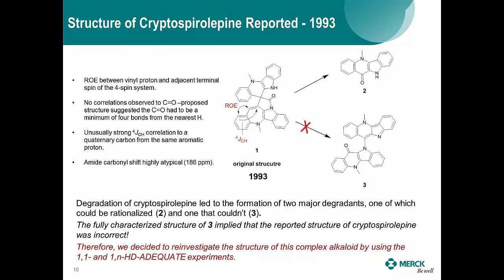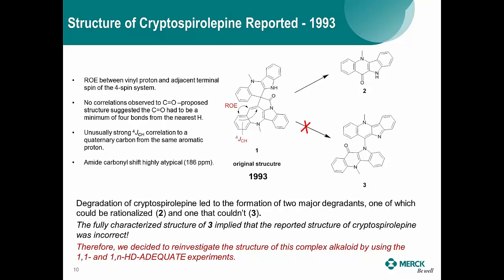However, they reported the structure in 1993, but what happened is that 10 years later, they cut open the sealed NMR tube and analyzed what was in there, and they realized that there was no cryptospirolepine remaining. They were able to identify up to 26 degradants, with the two major ones fully characterized by NMR.